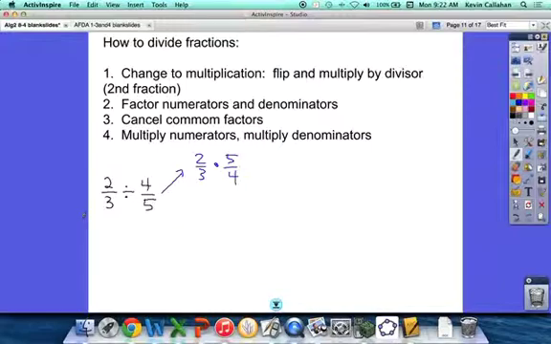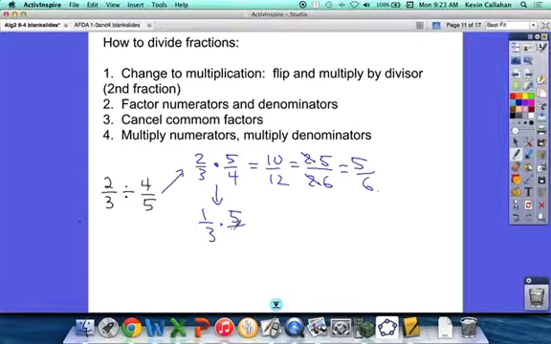So now we're just going to do whatever we did with the multiplication. So in that case, you could either multiply straight across 10 over 12, cancel the common factors, or you could have canceled the 2 into the 4 as a first step. Make that 1 over 3 times 5 over 2, right?